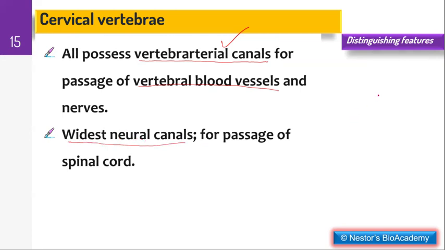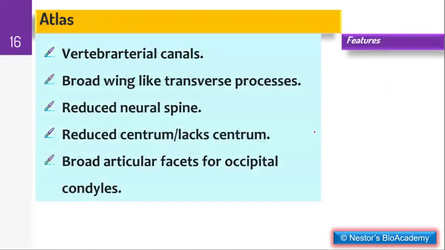This is because anatomically, if we study the central nervous system and the part where the spinal cord descends into the vertebral column, we find that the spinal cord tends to be thickest at the neck region. So to accommodate this, the neural canals of the cervical vertebrae are very wide, and this enables them to accommodate the spinal cord that is very thick at this region.